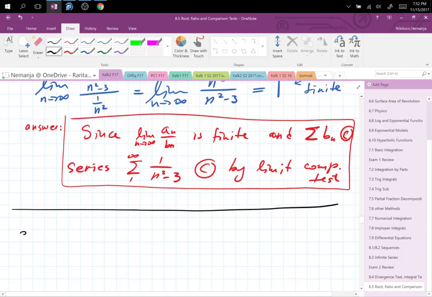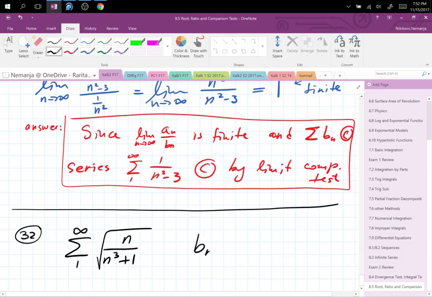Next example, 32: summation, 1 to infinity, change all k's to n's, square root of n over n cubed plus 1. What is Bn?